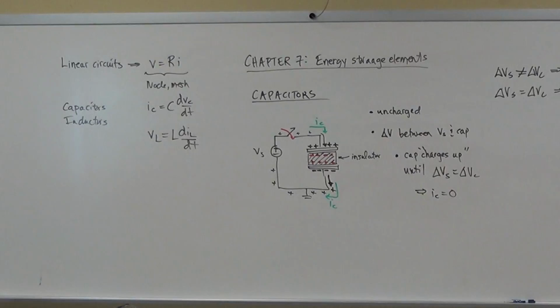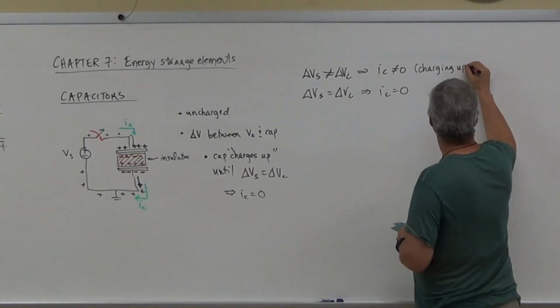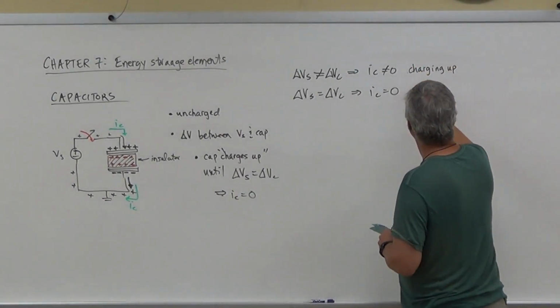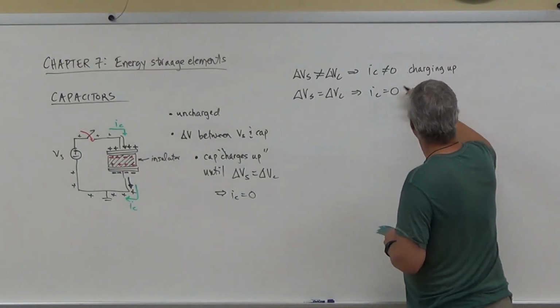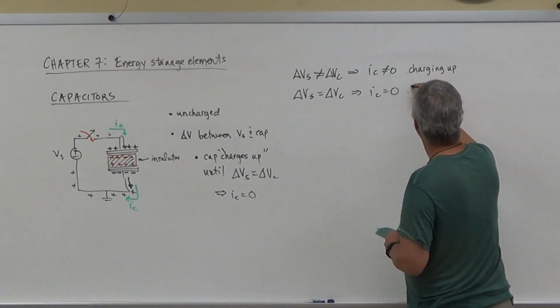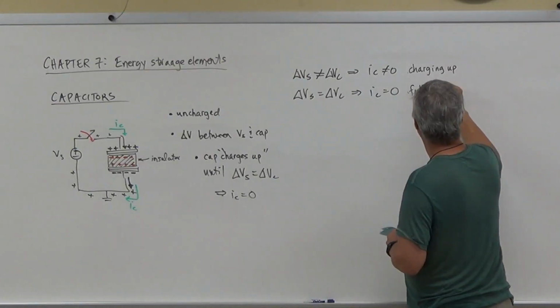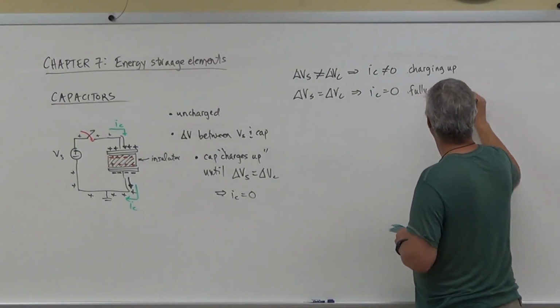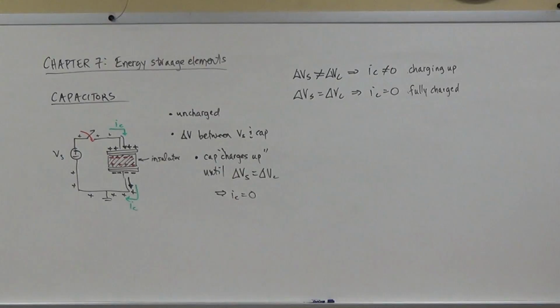And so this means that typically we call this phase charging up, and this phase that it's charged. We say that it's fully charged. That's what we mean by the pictures that we've been talking about here.